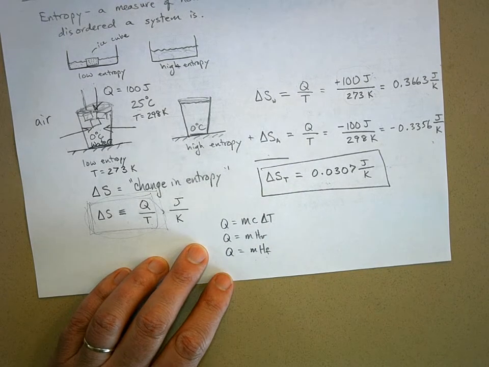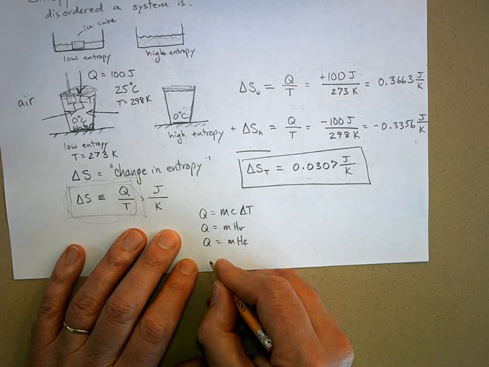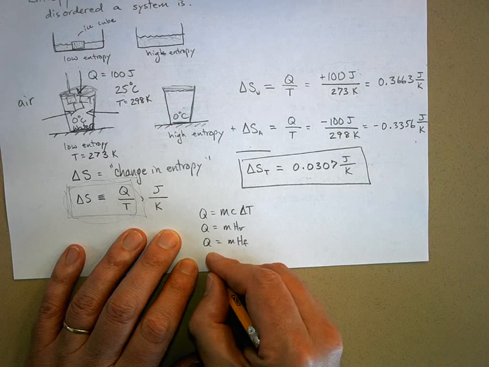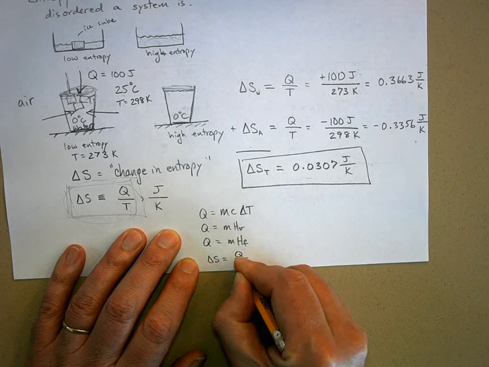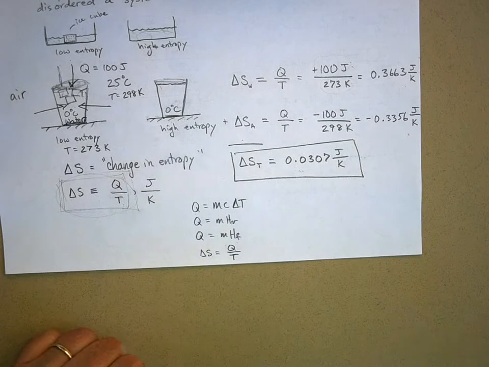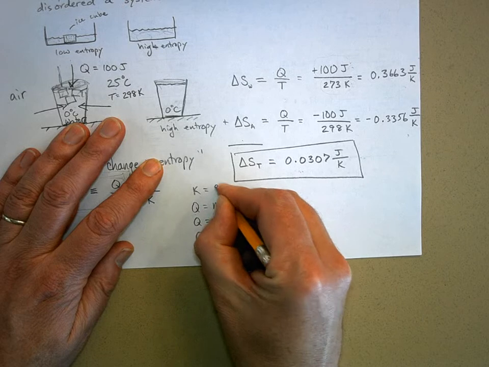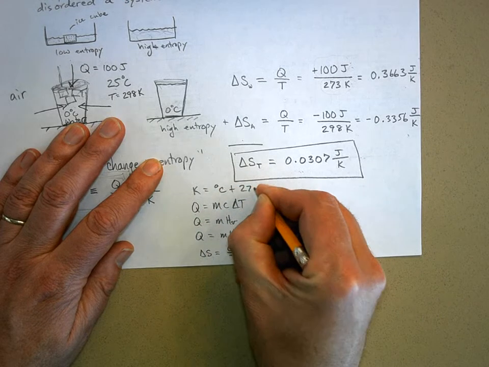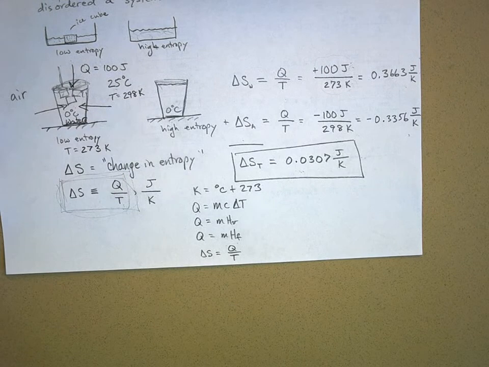You need to know what that means. And then we have this other equation that we've just added. Delta S equals Q over T. This is the entropy equation. Now I think there is one other equation, right? Kelvins equals degrees Celsius plus 273, right? Now those are the only equations that you really need for thermodynamics.